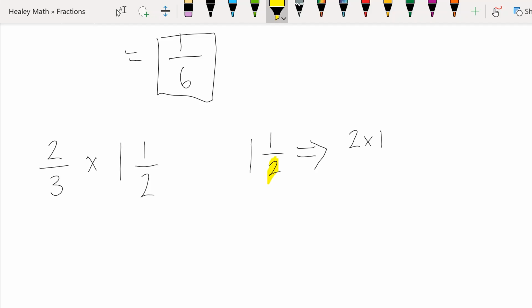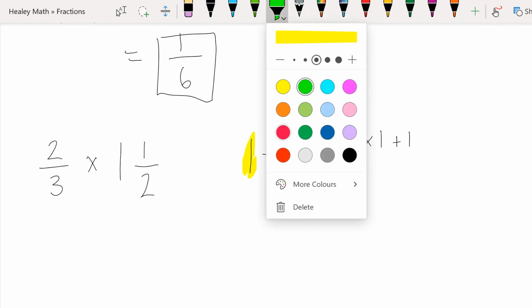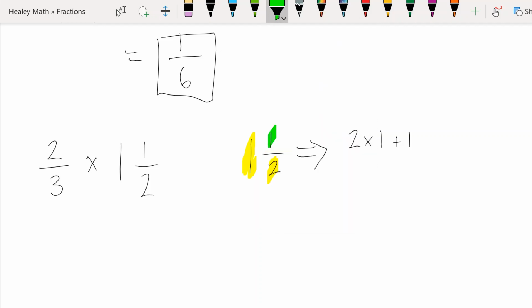So 2 times this 1 here. And then we can add the remaining 1 on top here. Okay? And we keep the denominator the same. So 2 times 1 plus 1, that's 3 over 2. So 1 and 1/2 is the same as 3 over 2.